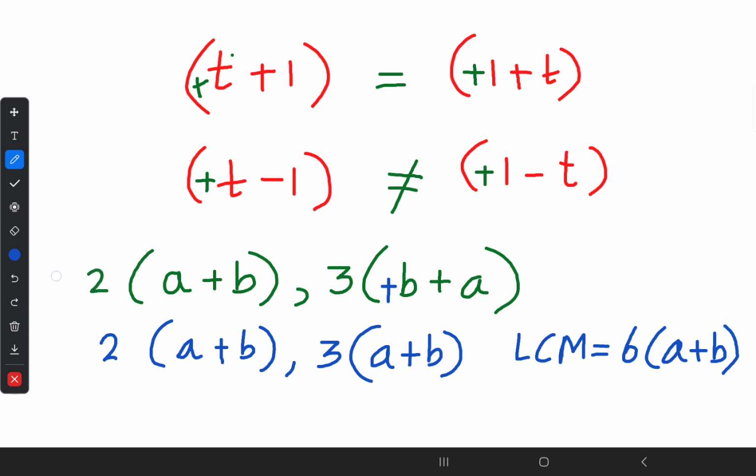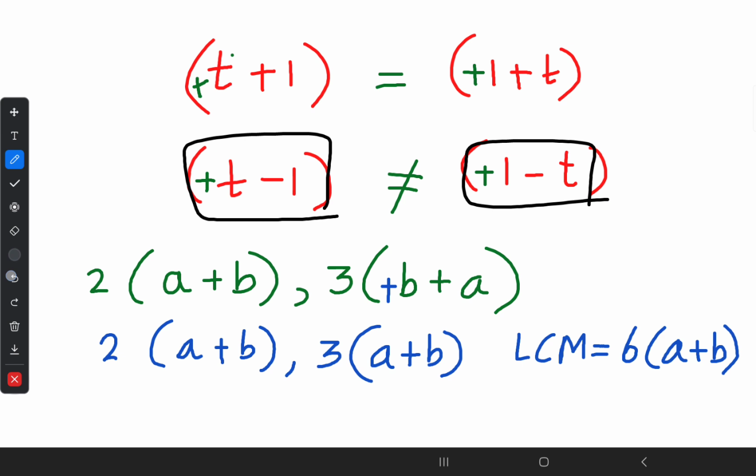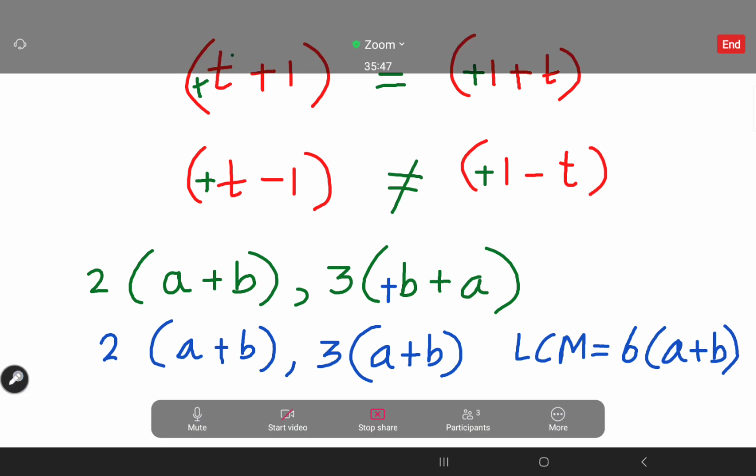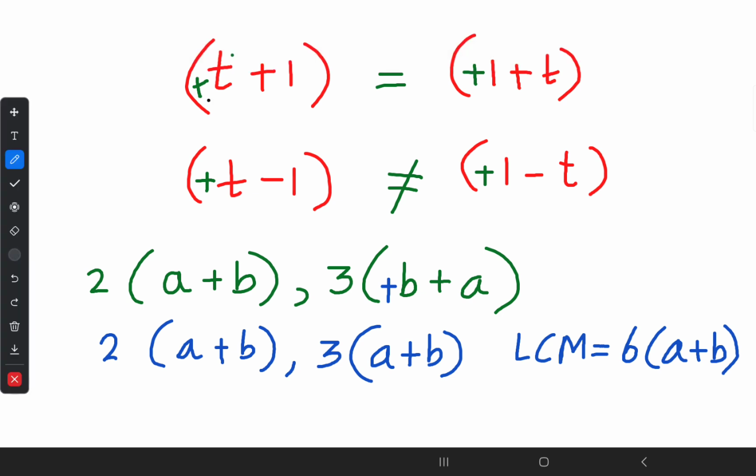But when I take another example, so initially here we are having t plus 1, 1 plus t. Here t minus 1, 1 minus t. We know that according to their direction, if there is no direction given, there would be a positive. So positive t, positive 1.